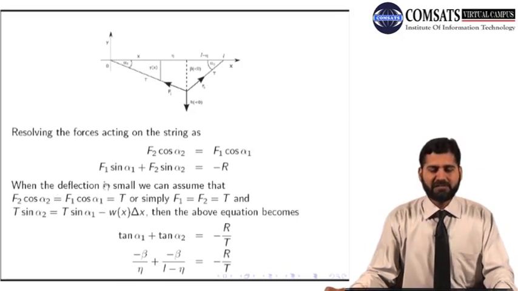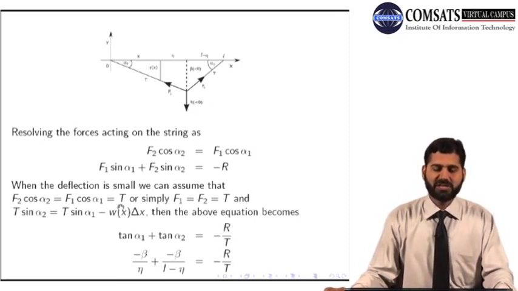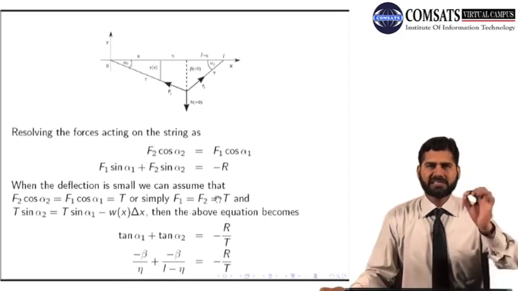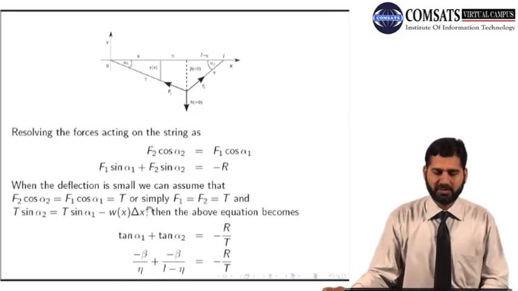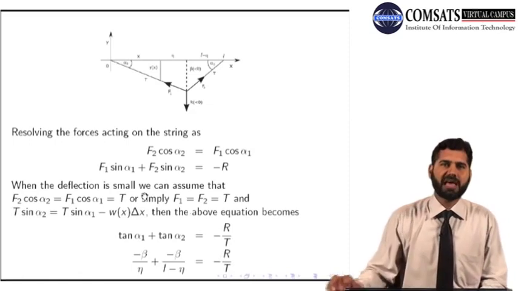All right. When the deflection is small, we can assume that F2 cos alpha 2 is equal to F1 cos alpha 1, which is equal to T, or simply F1, F2 is equal to T. When the deflection is very, very small, then F1, F2 can be approximated by T. If the deflection is small, what will happen?